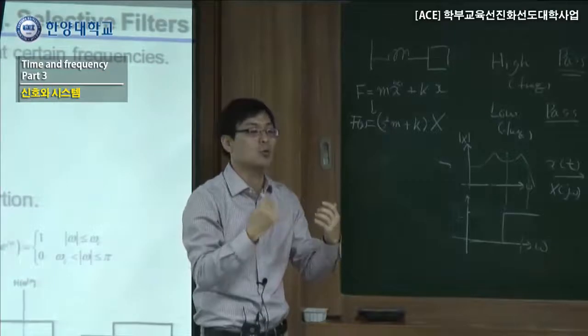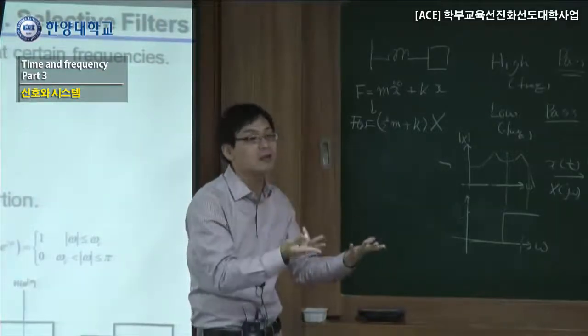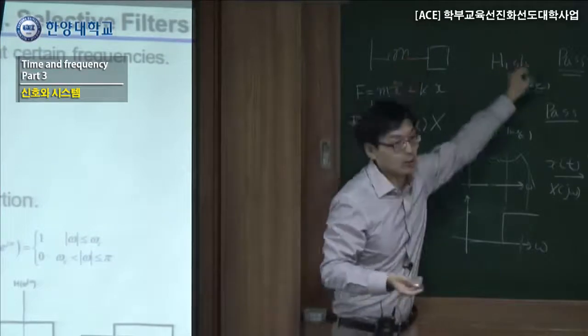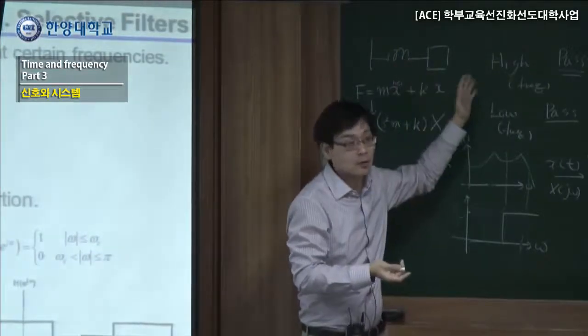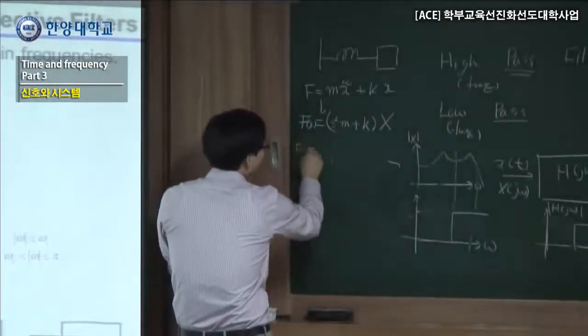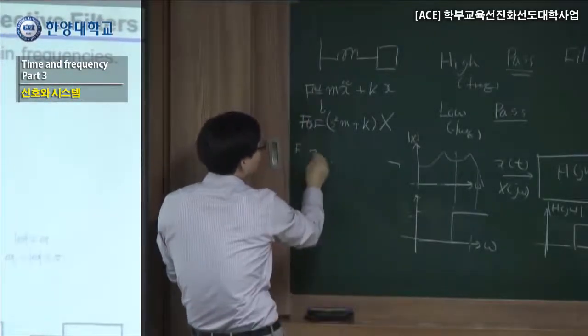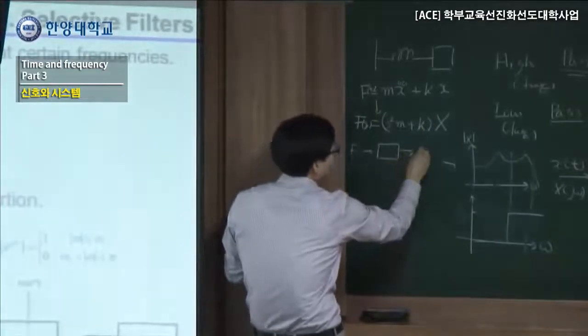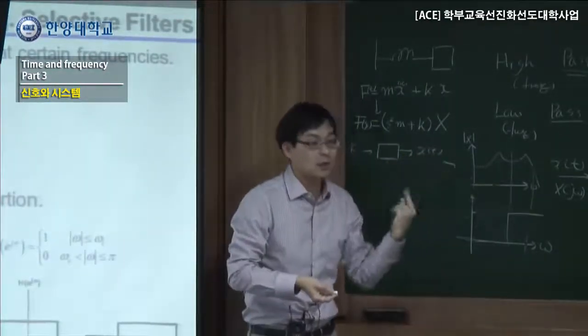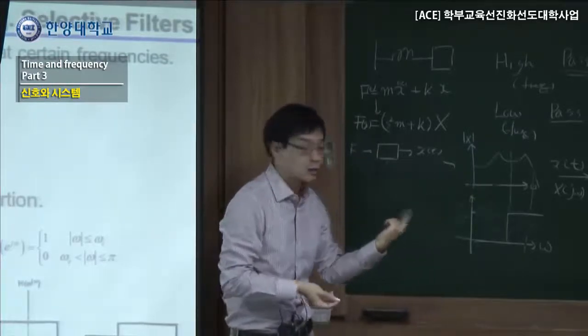Input to the system means we stimulate, we activate the system. So we have to pull it or shake it, give a force to activate the system, right? So say that F(t) is our input to the system, there's our system, and the output is X. Because as we activate the system, a displacement is generated.